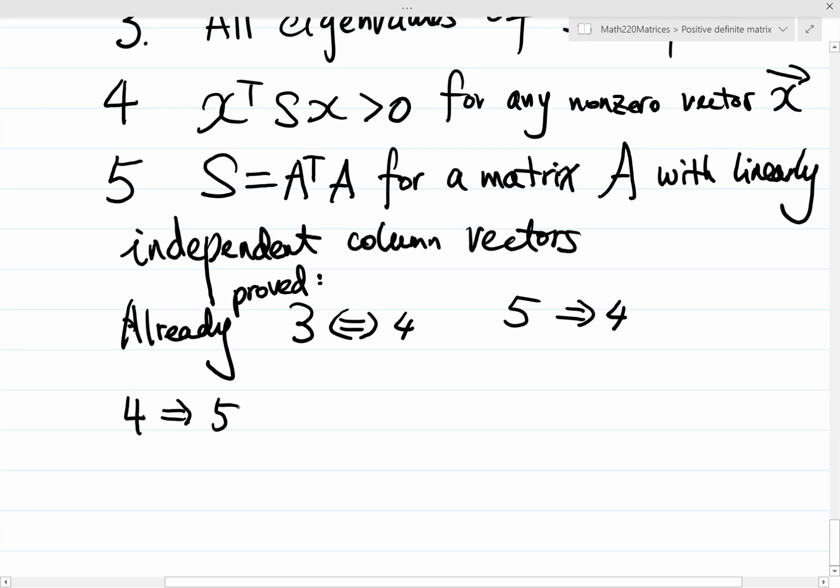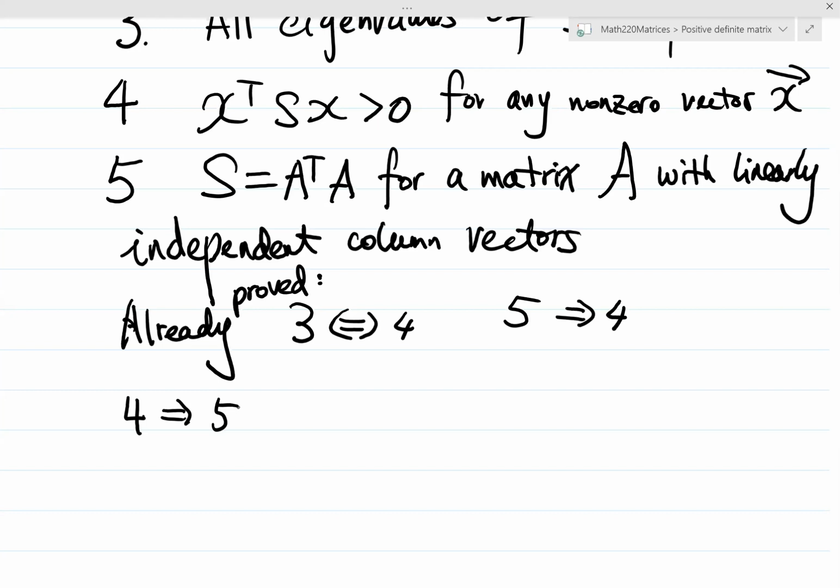How do we prove 4 implies 5? From 4, we already know that this S is positive definite. Now we already know 4 implies 3, all eigenvalues are positive.